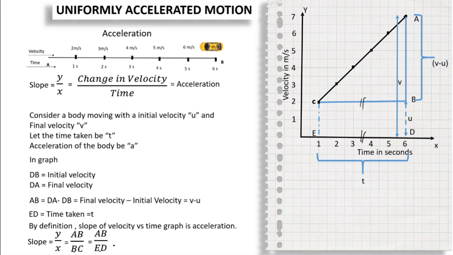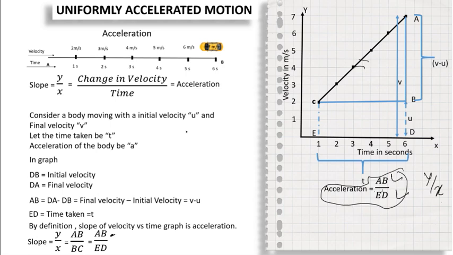Now you can substitute here, right? Acceleration is AB by ED. Why is acceleration AB by ED? Because it's the slope of this graph, y by x. And then what is AB?